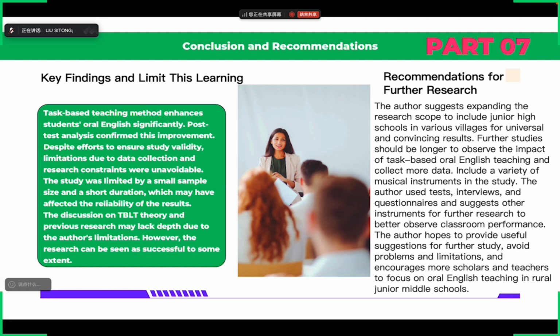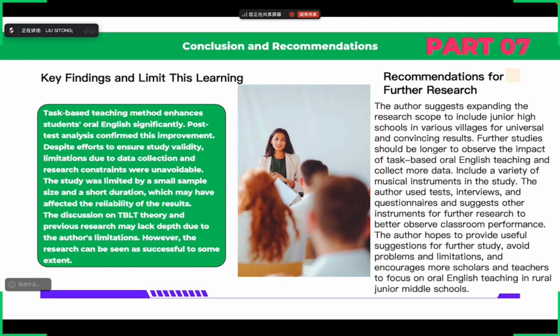And number 3, increase interactive classroom activities such as group discussions, role playing, and real life communication tasks. And number 4, raise awareness among parents and educators about the importance of oral English skills beyond test scores.